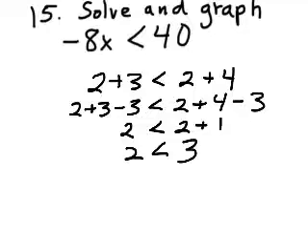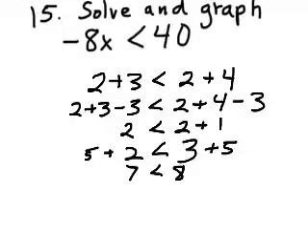Which makes sense. It makes sense that 2 plus 3 is less than 2 plus 4, and it makes sense that 2 is less than 3. Anything we do, we could add, we could subtract. I could add 5 to both sides. Then I've got 7 is less than 8. And I can divide both sides by 7, which isn't so great.